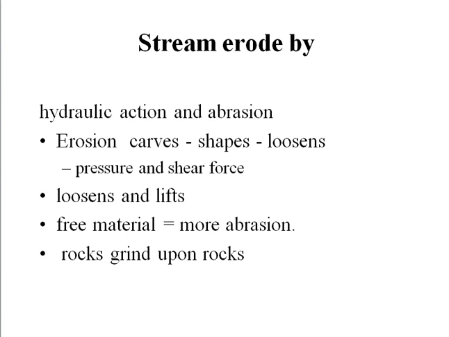So when we look at stream transport or erosion, it's happening by hydraulic action, again, just the power of water slamming into sediment in the stream bank, and abrasion. As the water churns up other rocks and gravel, those rocks and gravel hit the sides of the stream as well.